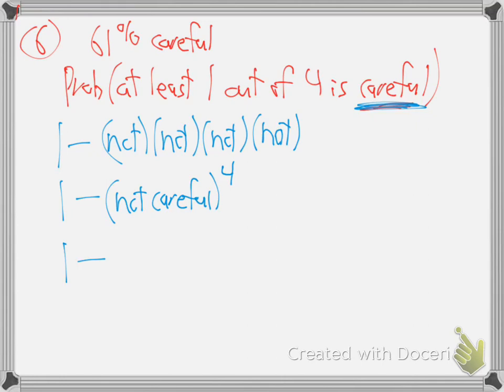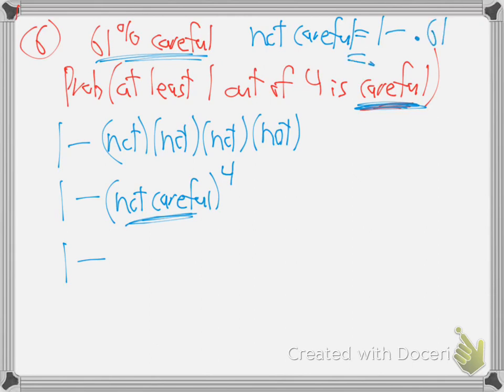So 1 minus, what's the chance that somebody's not careful? If 61% is careful, then not careful is 1 minus the decimal, which is 0.39. 39% of people are not careful. I'm among them. Not careful. It's all us old folks who don't really understand technology.